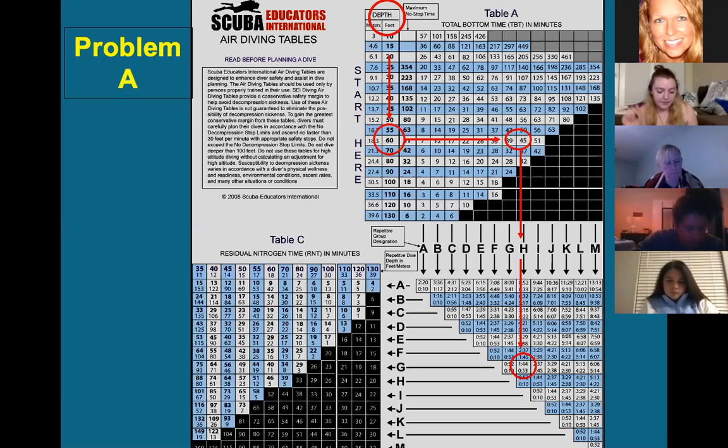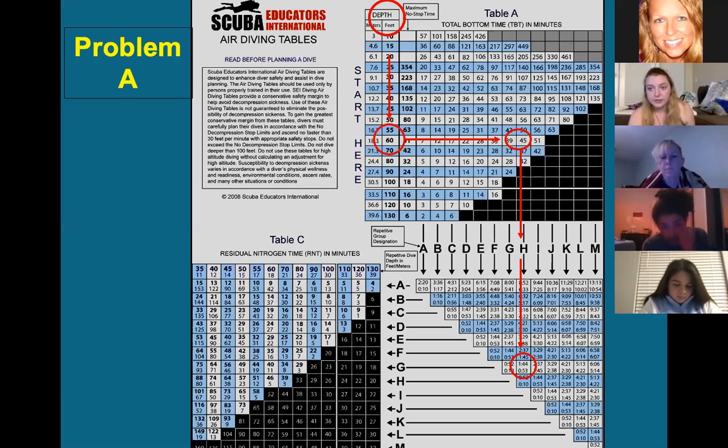So we already know that it's 60 feet for 40 minutes. So on our table, we're going to find where it says 60 feet. And since we don't have a 40, like I said, we're going to round up to 45, right? Once you round up to 45, you follow that down so you know that you're an H diver. And they're saying that we're going to sit on the surface for about an hour.